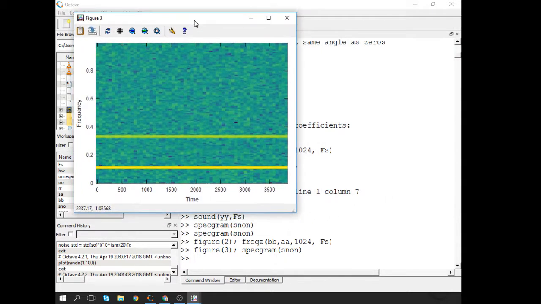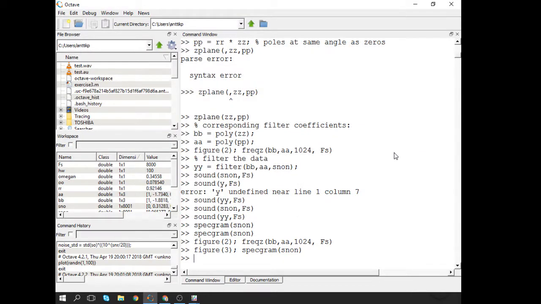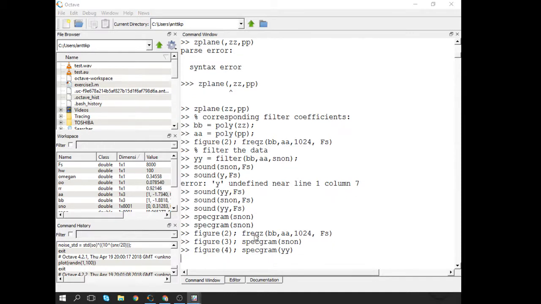Okay, there. So that's my original signal. 440 hertz and the third harmonic. Yeah, quite clear. Then how about the filtered signal? All right. I would guess that we have blue line on the place of the lower yellow line. Yes.